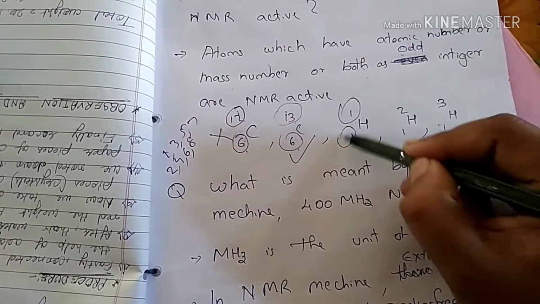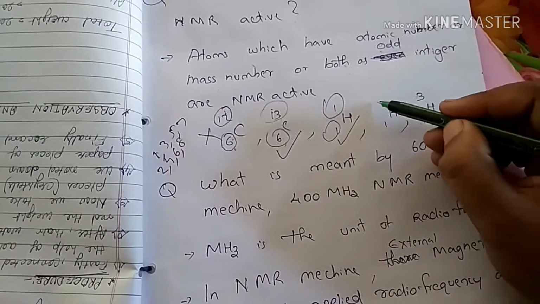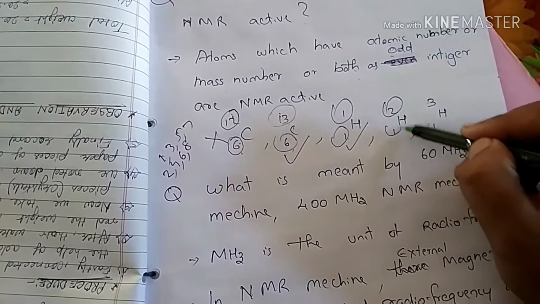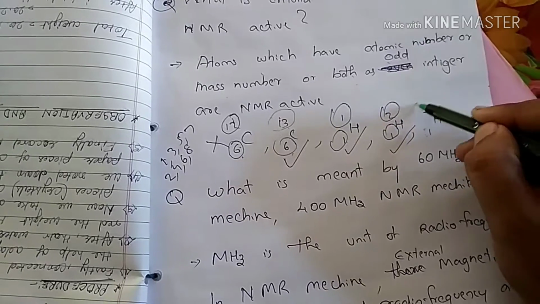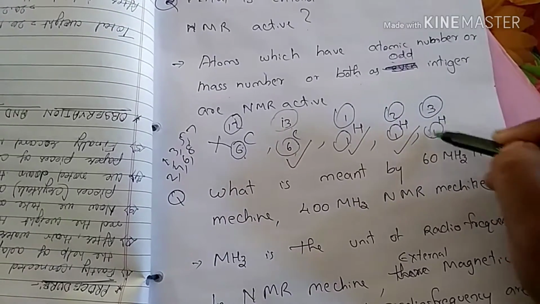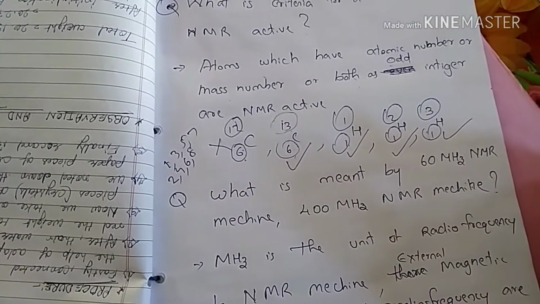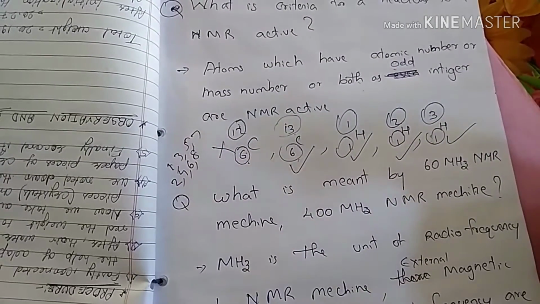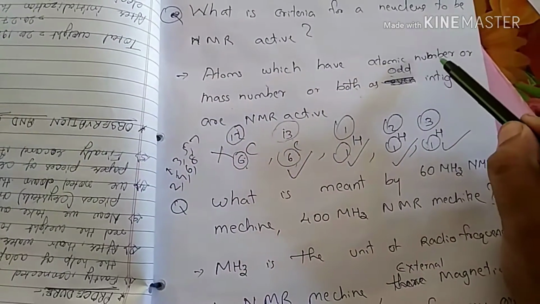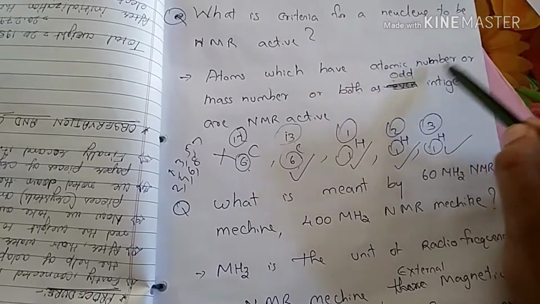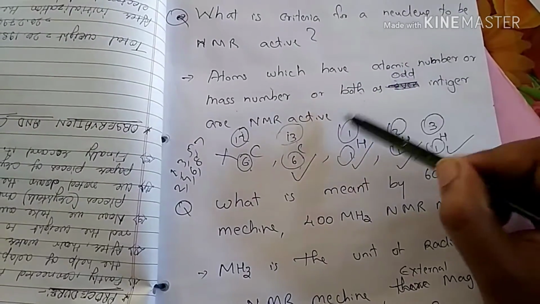Here both are odd numbers, no doubt this is NMR active. This is even, but this is odd, so this is NMR active. This is even, this is odd, so this is also NMR active. So which nuclei are NMR active? Either mass number or atomic number or both has to be odd, then it will be NMR active.